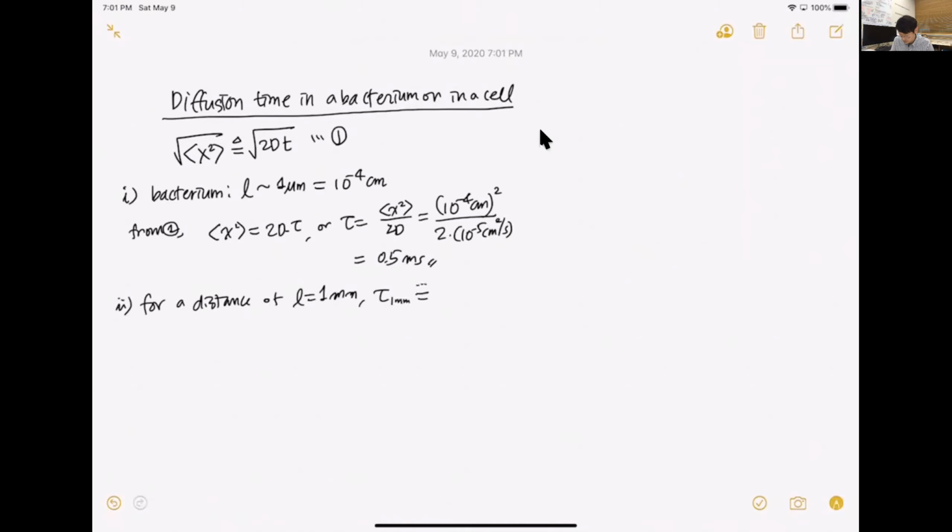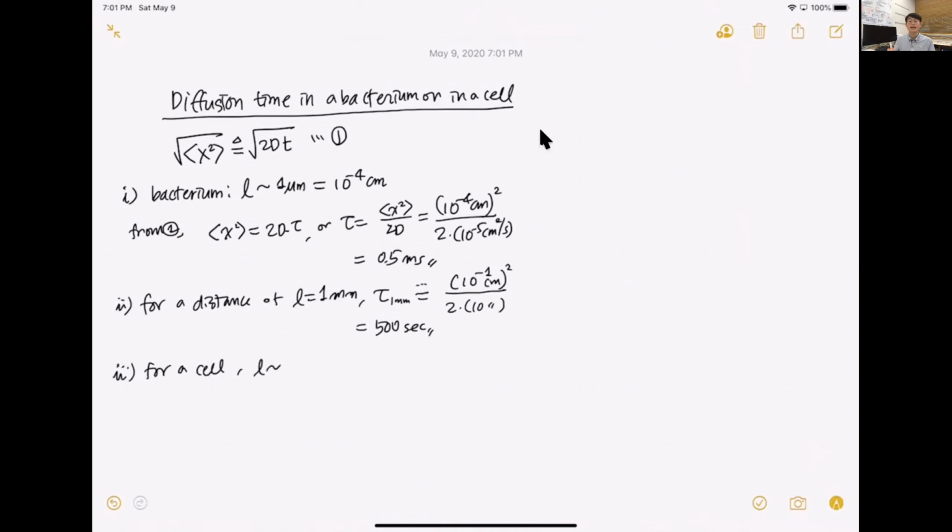Likewise, we can do the same way. 1 millimeter is 10 to the minus 1 centimeter, squared, over 2 times D. And then guess what will happen? It actually is 500 seconds. Wow, it takes so long to move the particle from one point to another 1 millimeter away. It takes 500 seconds. That's pretty ineffective.